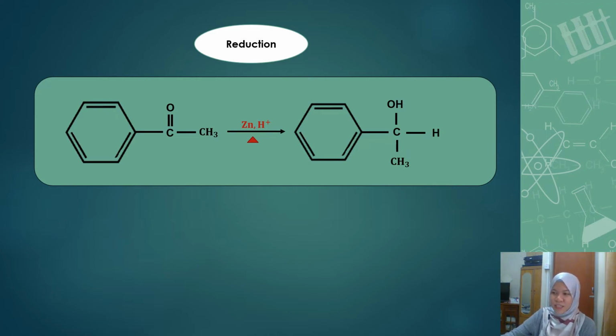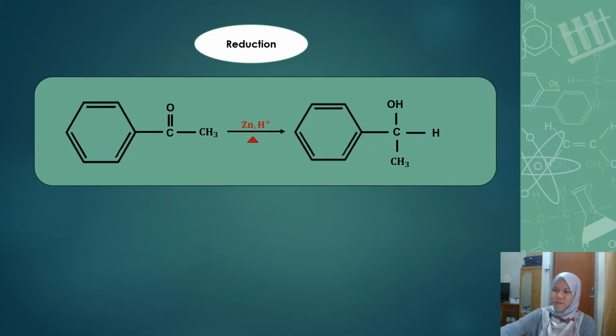The reagents that we can use for the reduction process are hydrogen gas in the presence of a nickel or platinum catalyst and heat, or sodium tetrahydride NaBH4, or lithium aluminum hydride LiAlH4 in ether with H3O plus, or zinc with H plus and heat. Here we use zinc, H plus and heat.